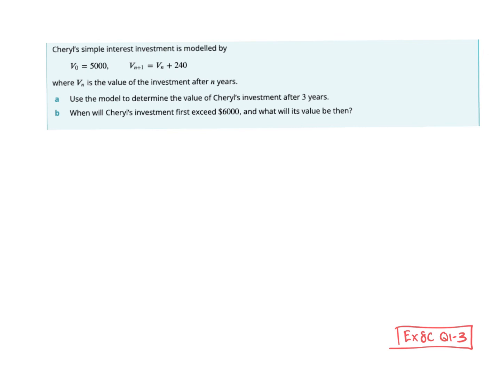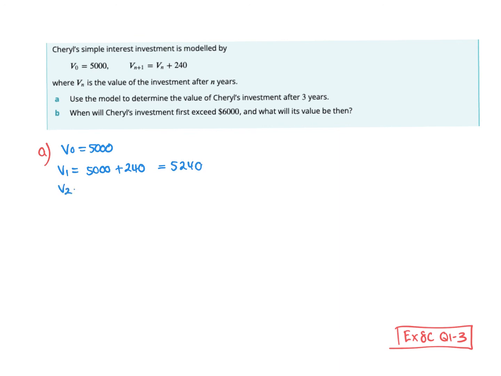So this is where you have to step it all out because they've said use the model and show. It's pretty much showing. So you have to write after 3 years. So we'll just write V0 is 5,000. And how do we get V1? We get the one before and we add 240. So that would be 5,240.